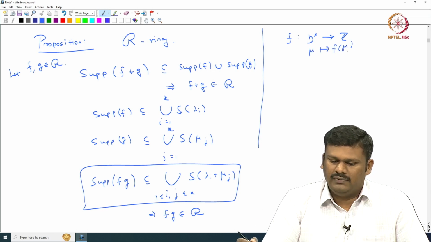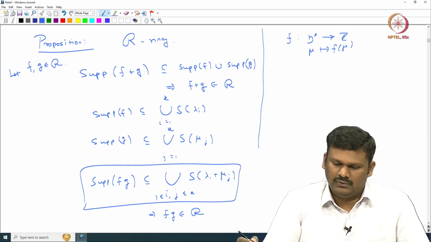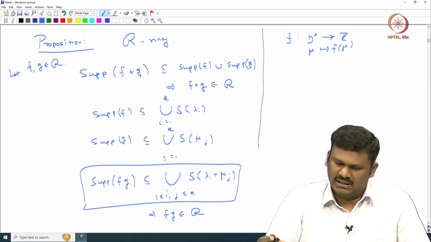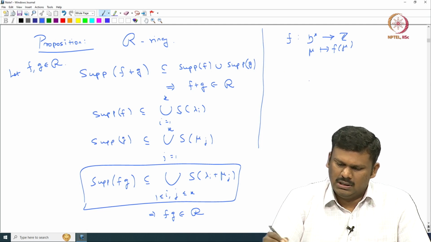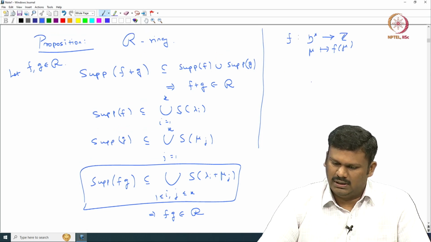If we choose a basis of this R, then we will be able to easily write down this f in terms of the basis. We will choose the Z basis. What is the basis that we are interested in? We can take the characteristic function.